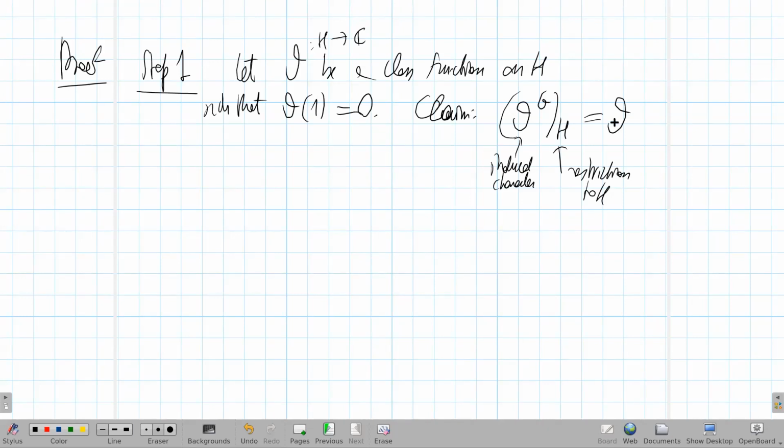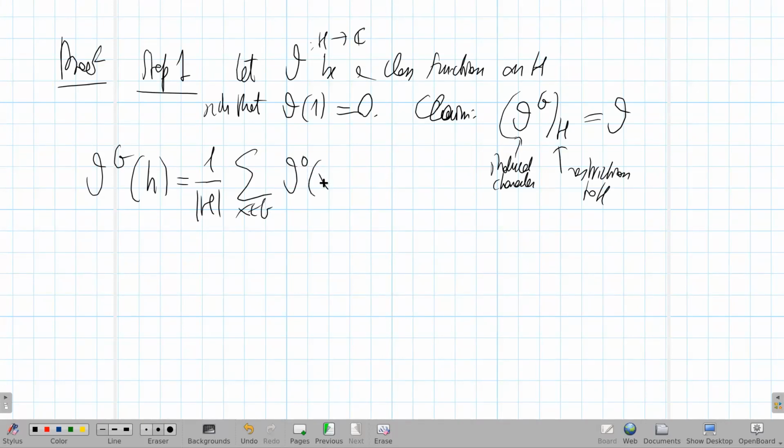So this is a good chance to remind what the induced character is. We want to know what the value is on h, so we compute the induced character over an element h, which is generic for the moment, but then it will be an element of H. So this is 1 over, for normalization purposes, the order of H, and then you sum over all x in G, theta naught of x h x inverse, where recall that theta naught is not a character, but it's still a class function.